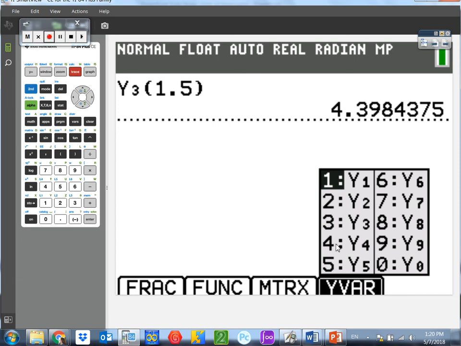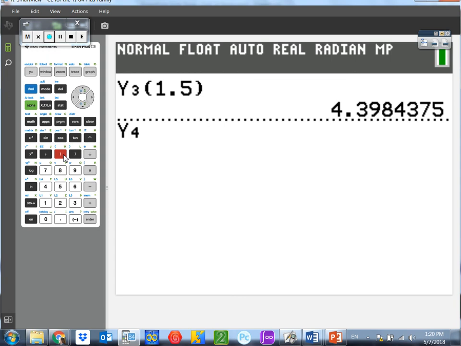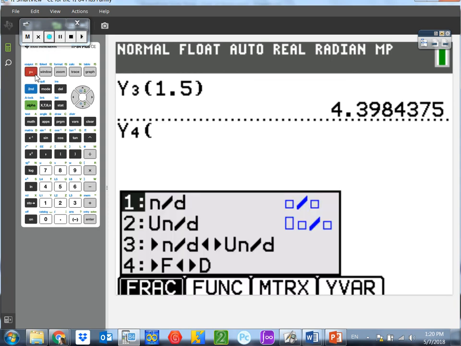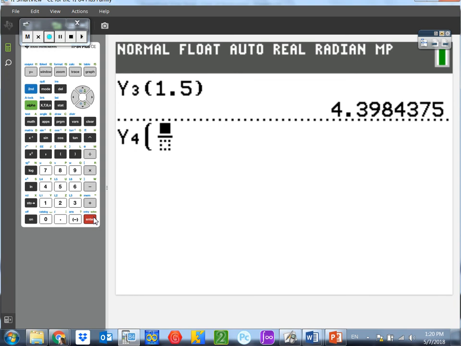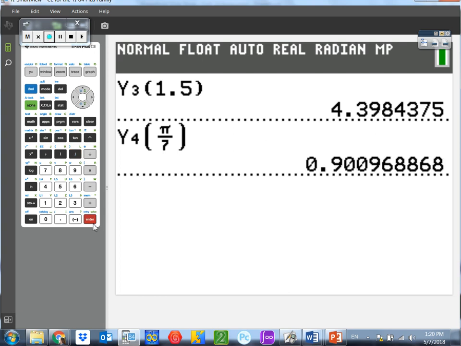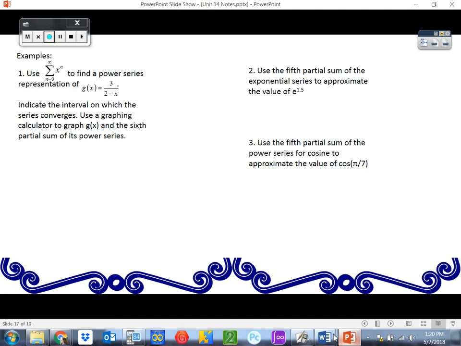So I'm going to use y4 of, and we're going to do our fraction bar, which is alpha y equals, enter. Fraction bar, I love the fraction bar. And it's pi over 7. So we're finding our approximation of cosine at pi over 7 using the fifth partial sum, and I get 0.901.